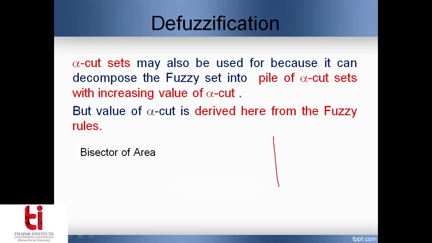So that implies, let's say if I have any membership function, that complete membership function can be sliced into a series or set of crisp sets, where each crisp set corresponds to a different value of alpha.